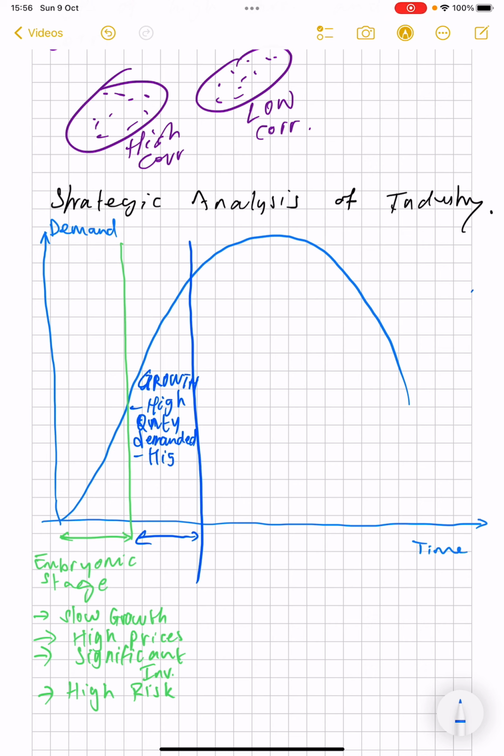It is characterized by high profit and low prices, and it has less competition.